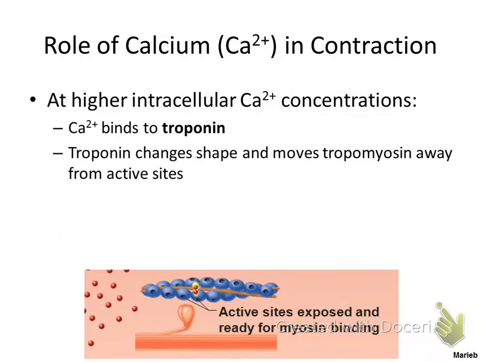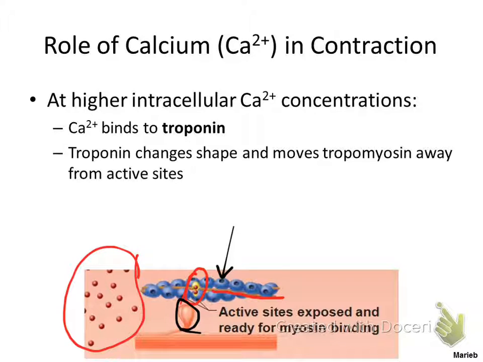But with calcium, we can have calcium. That's what the little red dots are supposed to be right here. Those are calcium ions. And notice what they've done. They've attached to troponin. And when they attached to troponin, they pulled tropomyosin out of the way so that now the myosin binding sites on actin are exposed. And so now the myosin head can reach up and grab onto actin.